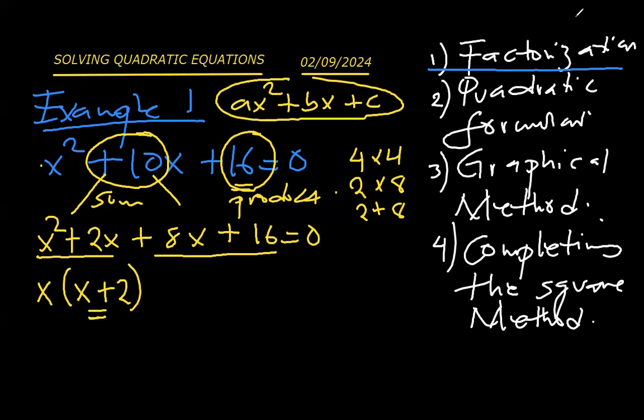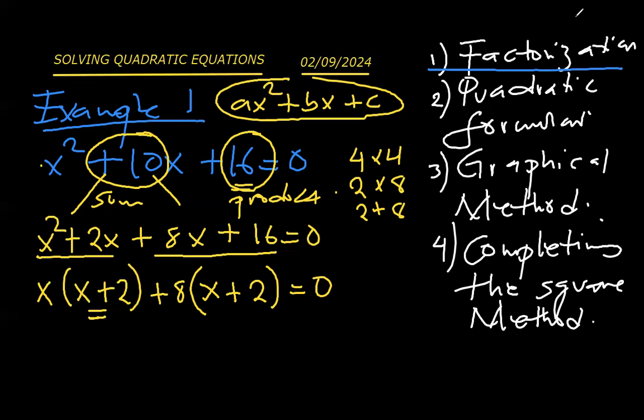So even without doing anything, once I factorize my 8x plus 16, I should get x plus 2. Put it in brackets already. Now what goes outside will be positive 8, and of course, I have to put is equals to 0.